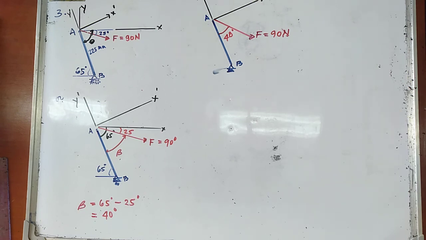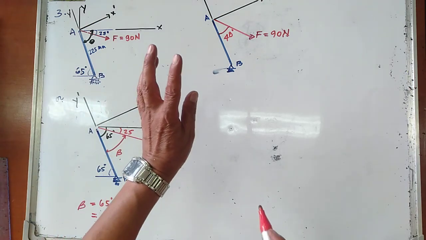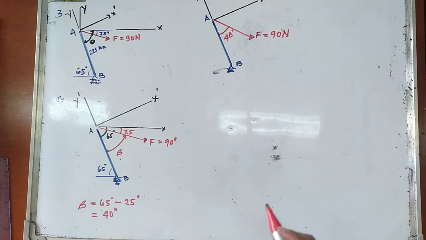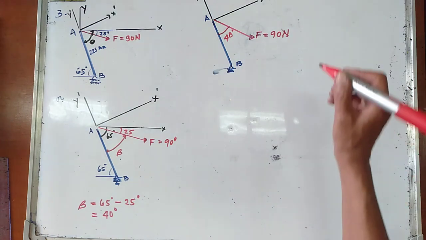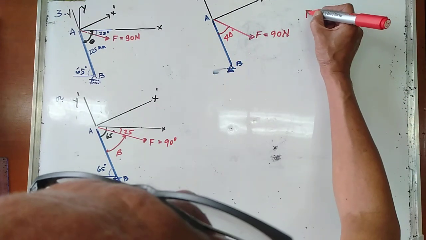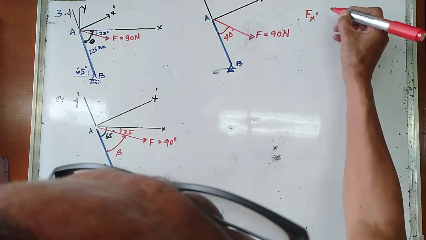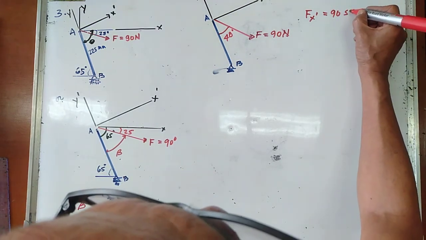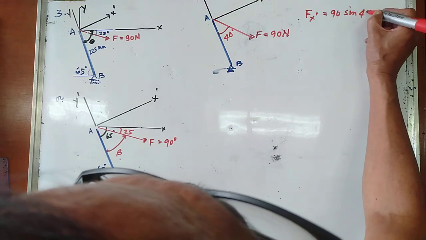So let us try to determine now the component of this force in the x prime and in the y prime axis. Your F x prime is equal to 90 sine of 40 degrees.